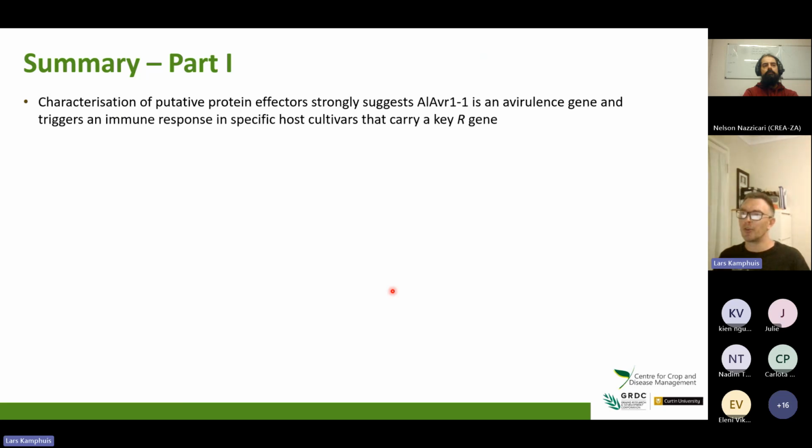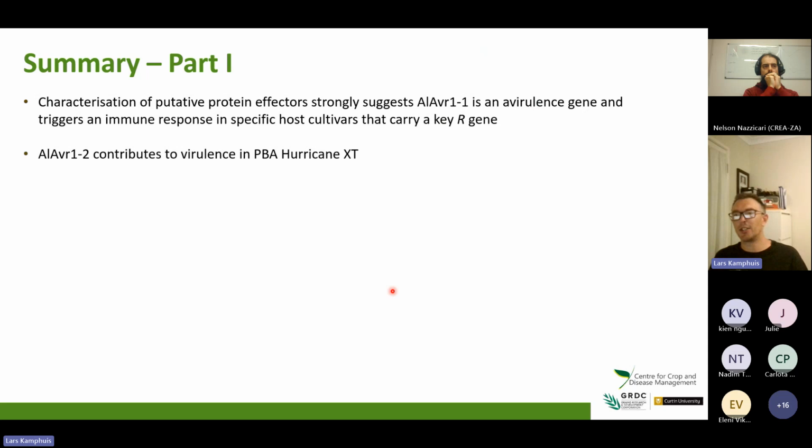So, to summarize the first part of my talk, we've characterized a number of effectors, and ALAVL1 is an avirulence gene that triggers an immune response in those lentil cultivars that carry the resistance gene that can recognize this ALAVL1-1 protein.